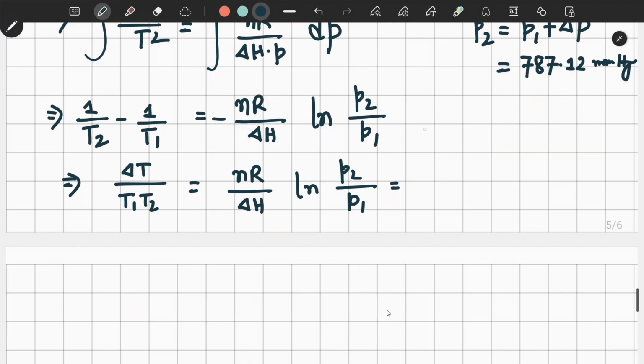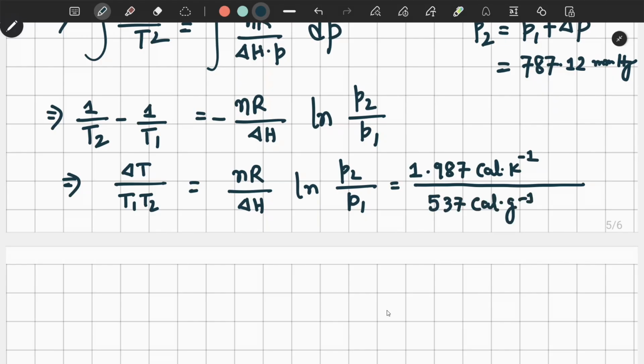The value of R is 1.987. Mole will not be there because it is for 1 mole already. Delta H is 537 calorie per gram, and ln P2 by P1, which is 787.12 by 760.